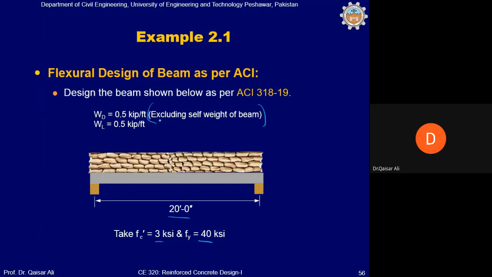I told you that if there is the term excluding self weight, then after selecting the beam size, you will calculate the self weight of the beam and add it to this dead load. Understood? Yes, sir. And the live load on the beam is 0.5 kip per foot.